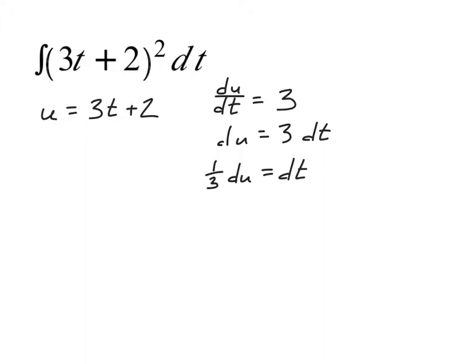And you notice in this case, I didn't just leave it as du equals 3 dt. I didn't have the 3 in there already, so I just figured out what does dt equal. And I'll be substituting all of this in for dt.